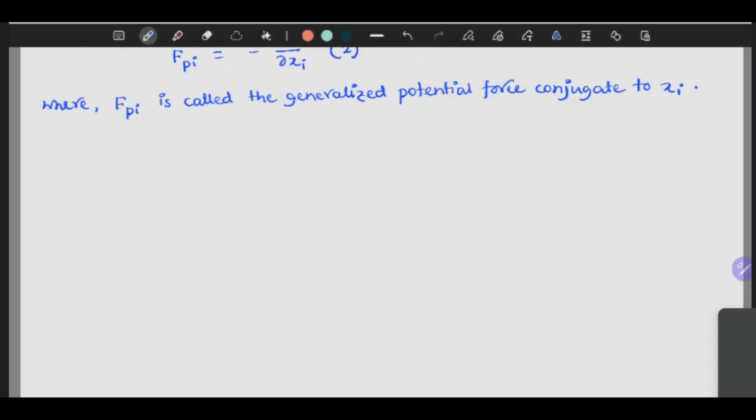So this Fpi is actually a various force depending upon the coordinate. Let's say this is r, then this will be F potential r, because this is in the radial direction.